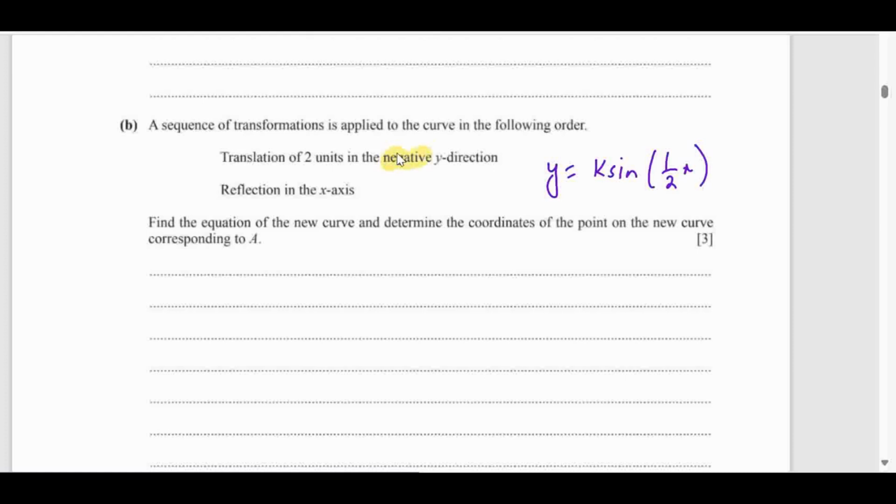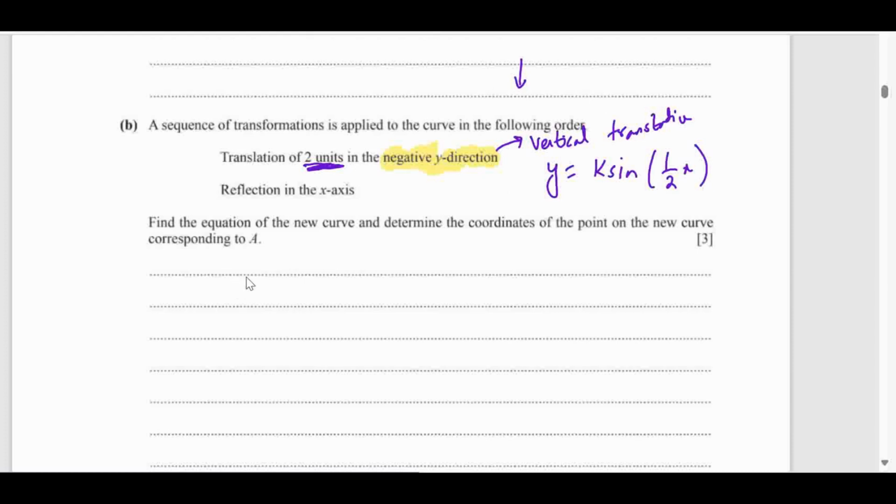It means that there is a vertical translation, and as they are saying it is 2 units in the negative direction, it means the graph is shifting downward.